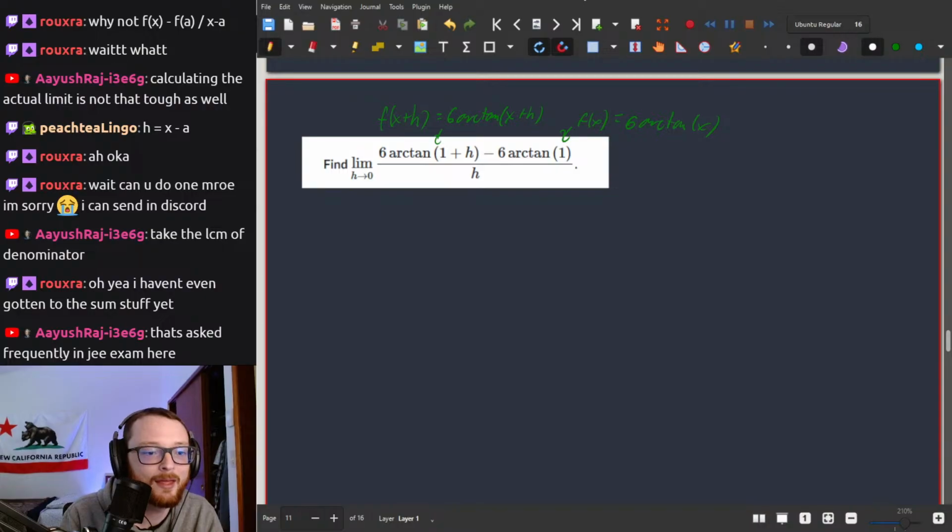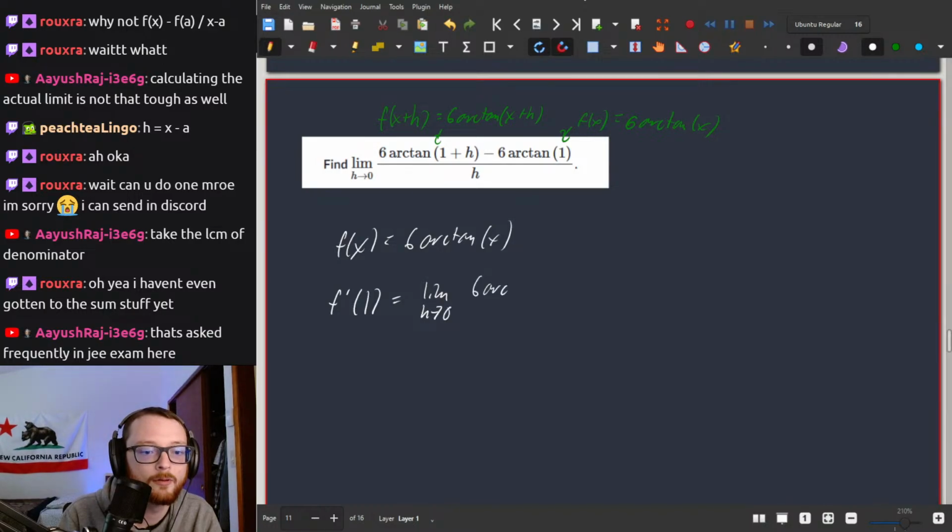So what we can say is if f of x is equal to 6 arctan x, then f prime evaluated at 1 is the limit as h goes to 0 of 6 arctan of 1 plus h, minus 6 arctan 1, over h.